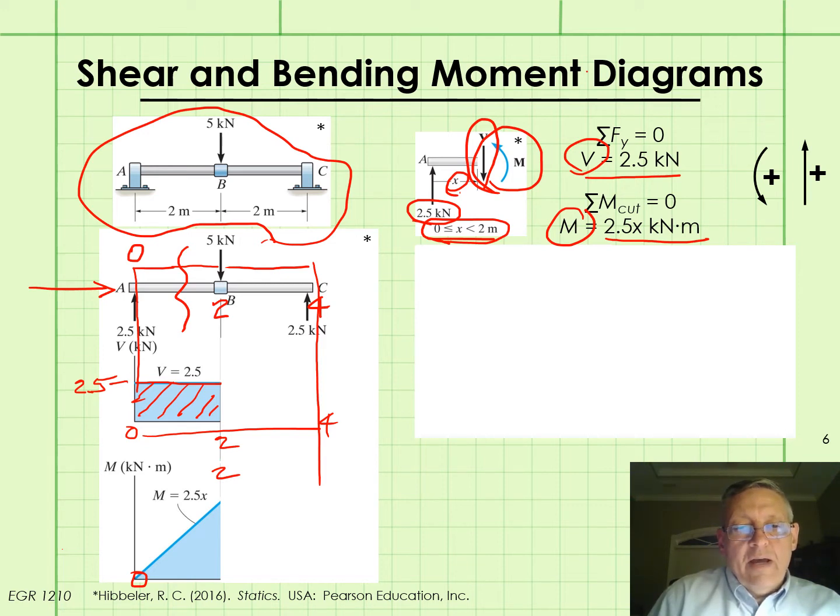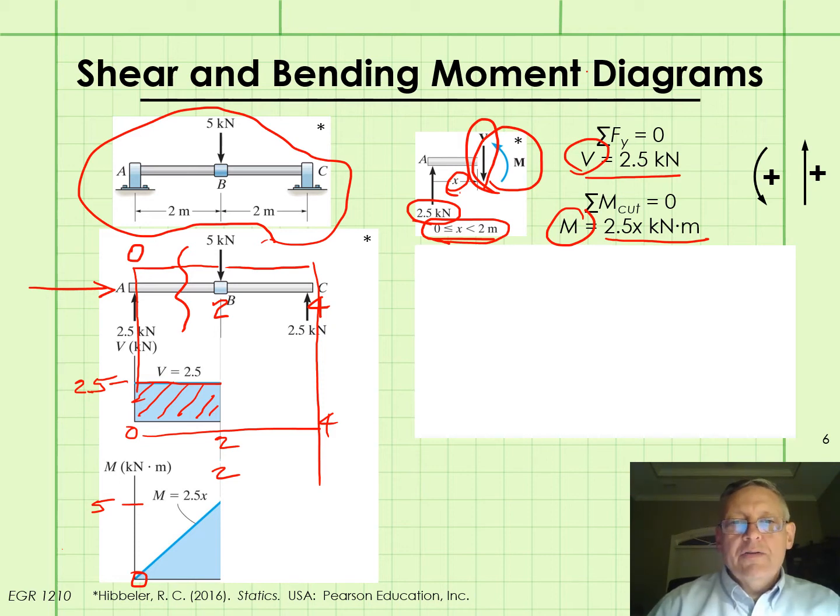And then we would have on our scale out here on the vertical axis, say 5. Okay, so that's step 4. Now step 5 was to repeat 3 and 4 for the remaining values of x, or the remaining segments of the beam that we've identified.